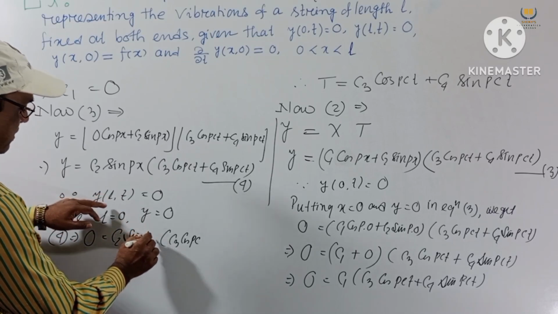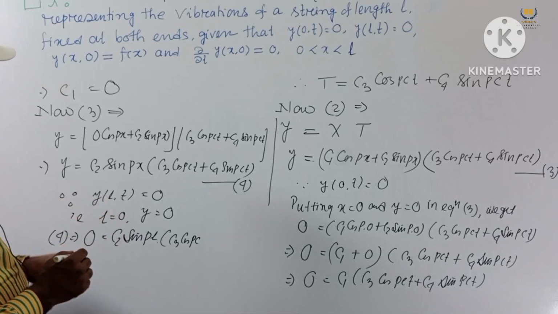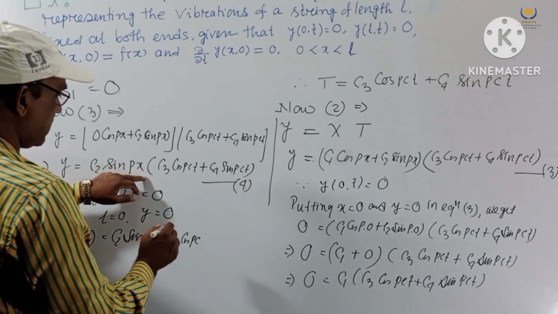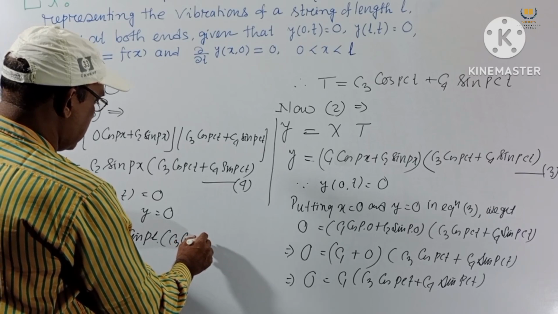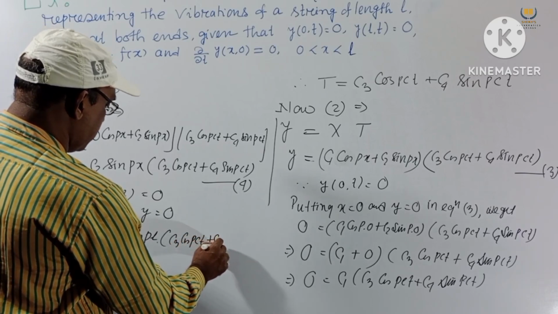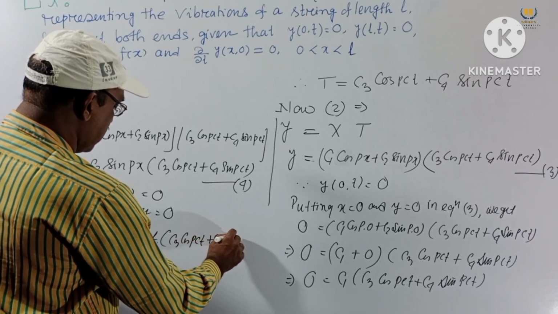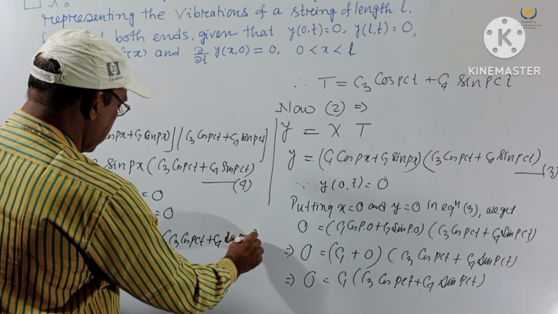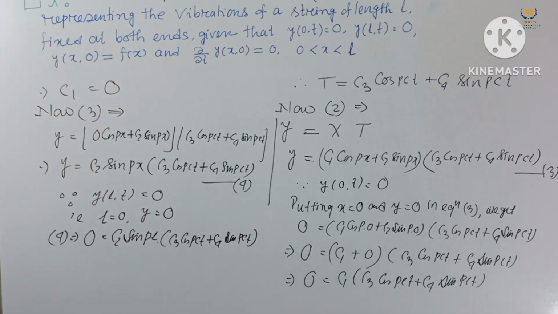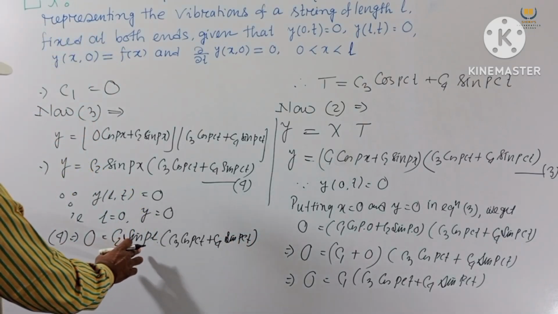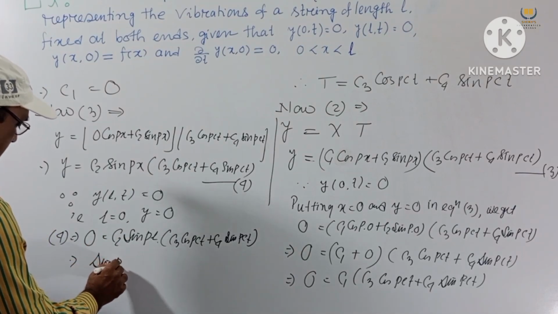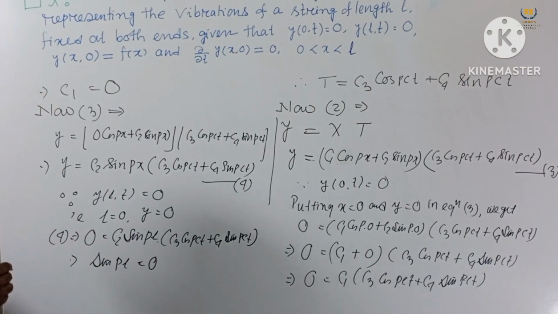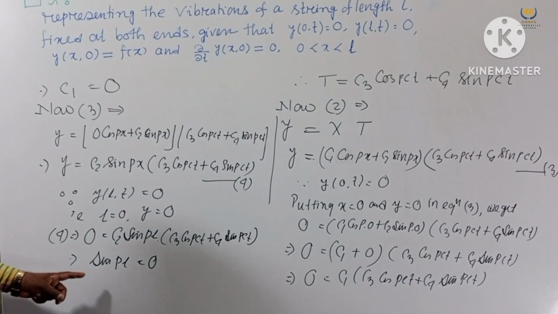Here x equal to L, this is pL, c3 cos pct plus c4 sin pct. We get this one. And if we solve this, this will be sin pL equal to 0 we get.